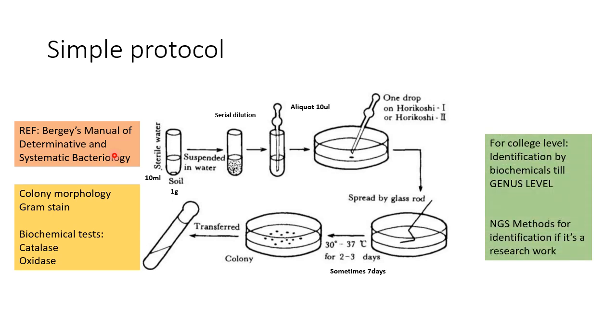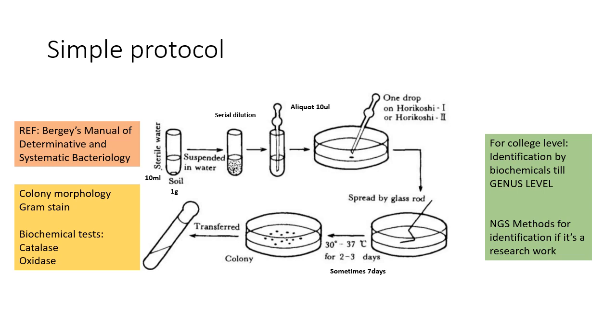Nowadays, next generation sequencing methods are used for accurate identification of your isolate if it is research work. If this is a college level practical for you, then you do biochemicals and try to identify it at least till genus level.